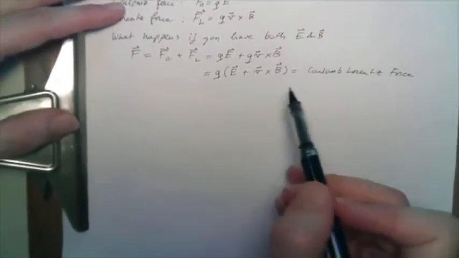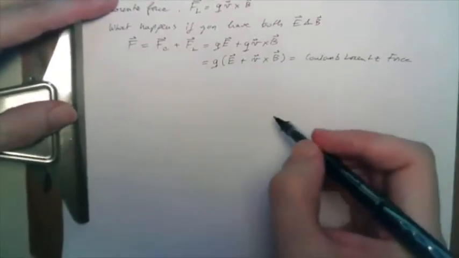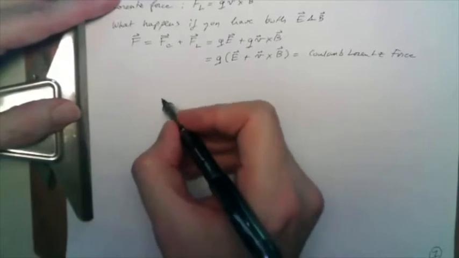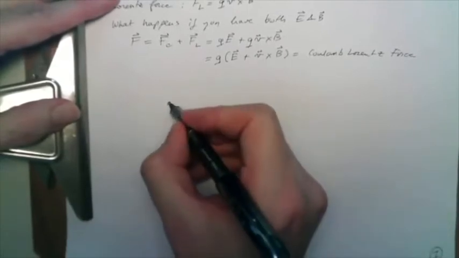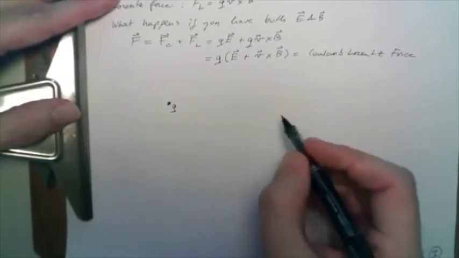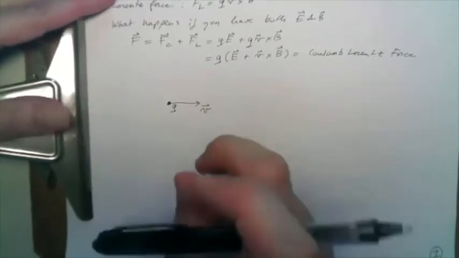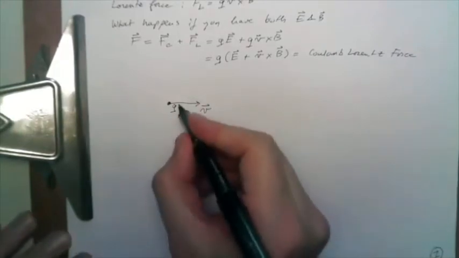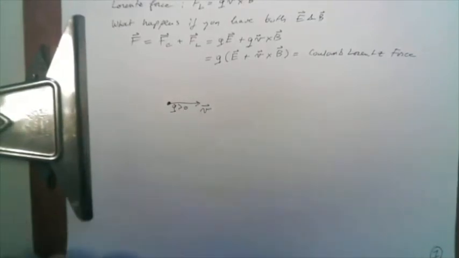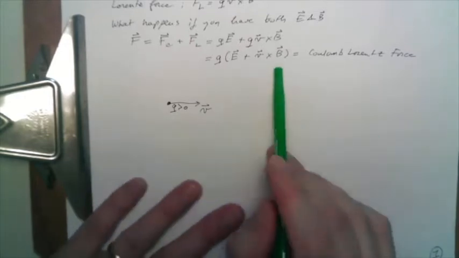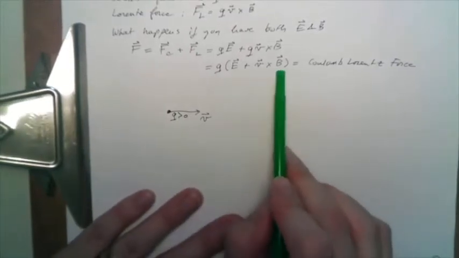Okay, so let's take some kind of an example. We'll have a point charge Q, and let's give it some speed, some V. Let's assume this is greater than 0, and we need to look very carefully at this.